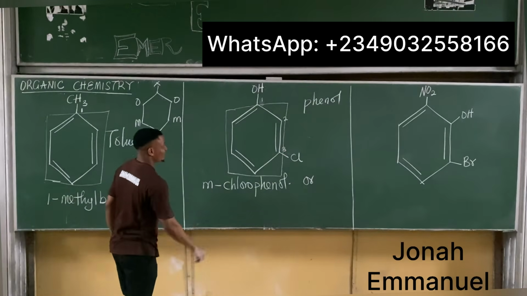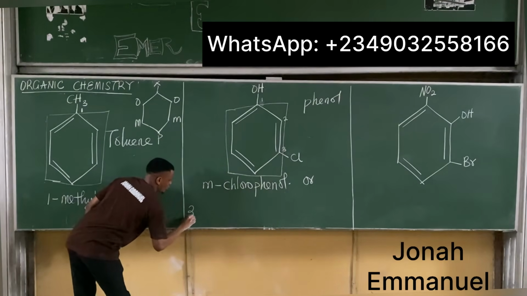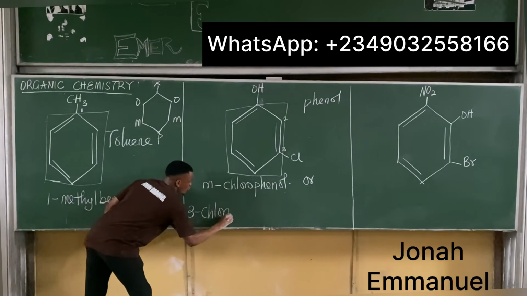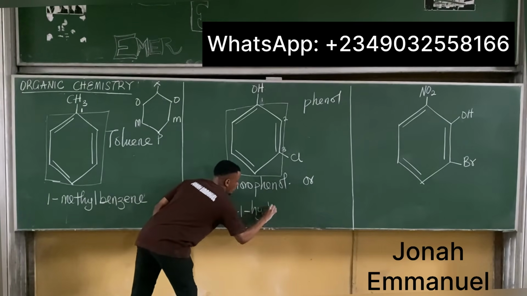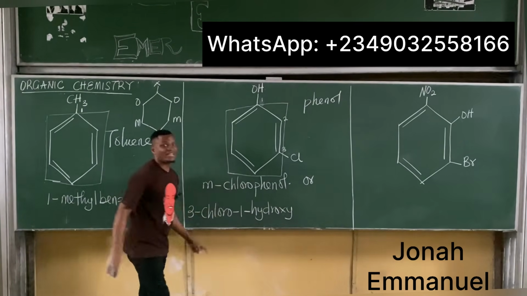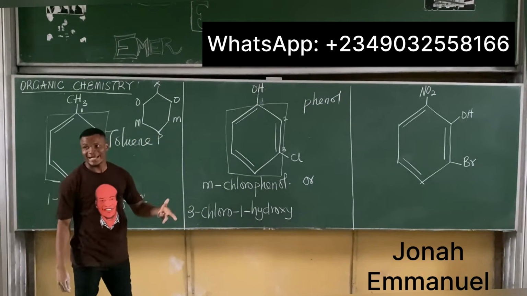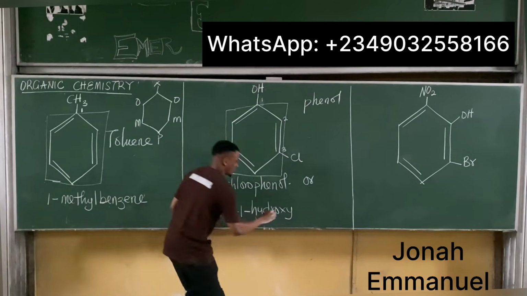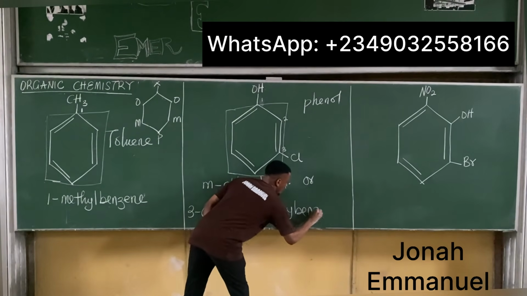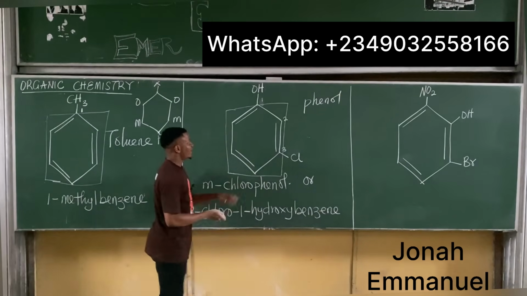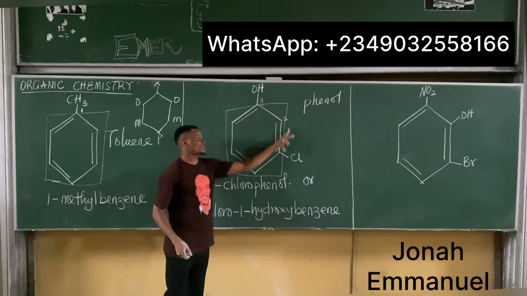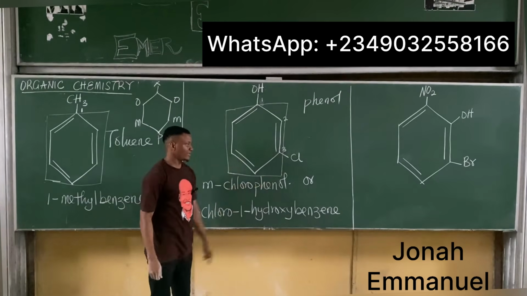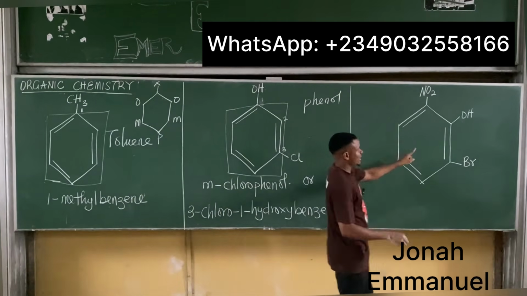So it becomes 3-chloro, 1-hydroxy. Please, in hydroxy, the L is not attached. Hydroxybenzene. So please observe, as a benzene derivative it is phenol, as a benzene structure it is OH and this. All right.